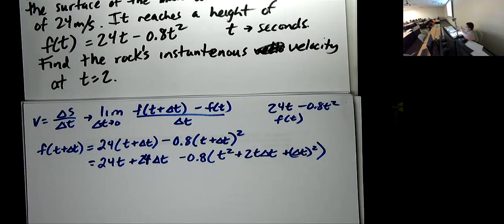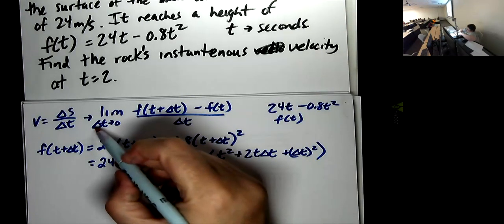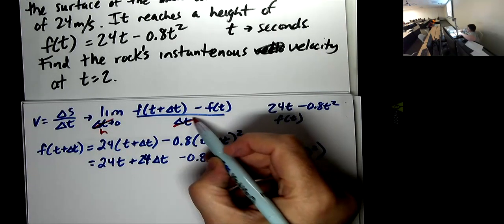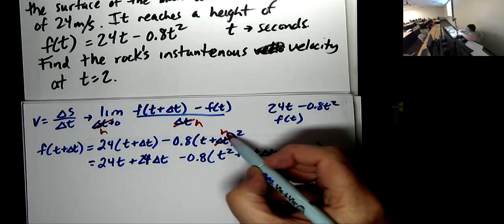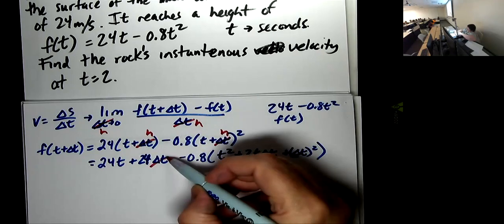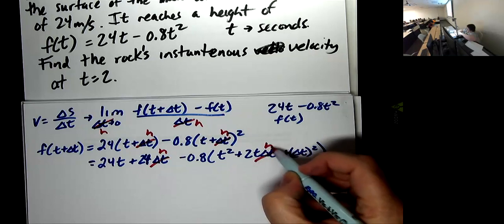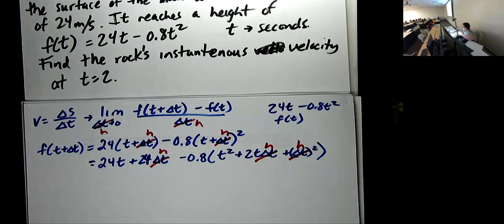How about we just call delta t h? That way it doesn't look like this t, it's less confusing. I'm going to call this h. But h is really a change in t.